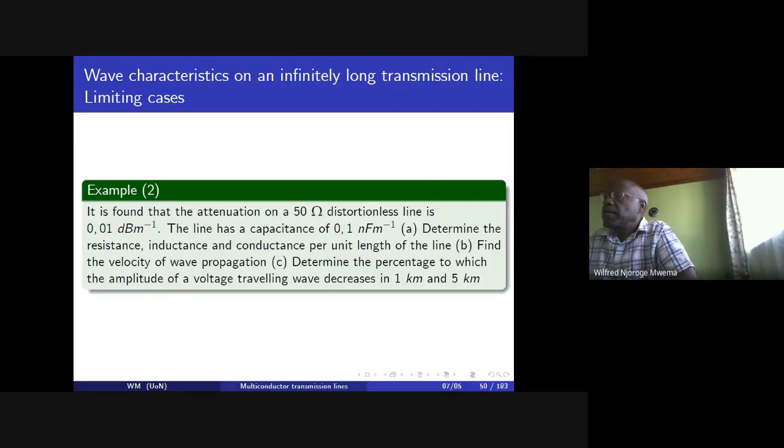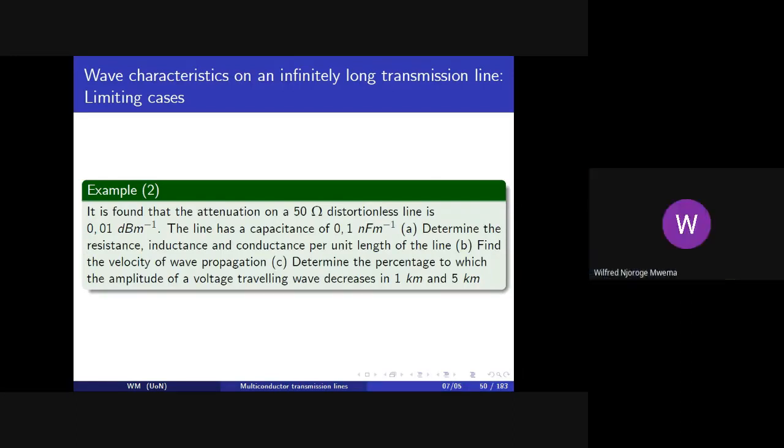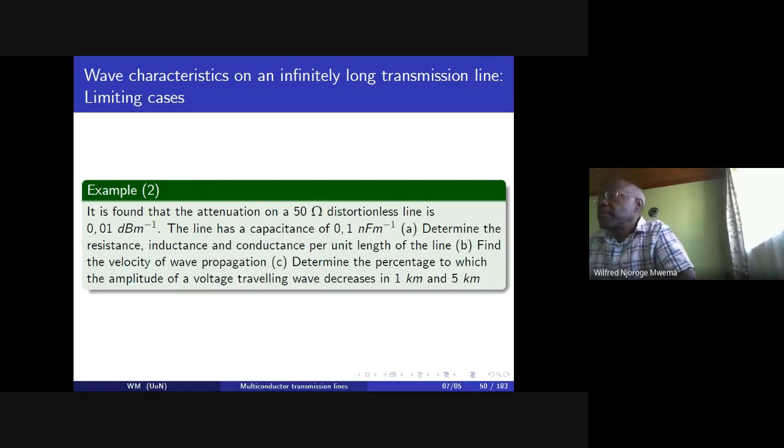We are required to determine the resistance, the inductance, and the conductance per unit length of the line, and we find the velocity of wave propagation. Usually this would refer to the phase velocity rather than the group velocity. And determine the percentage to which the amplitude of the voltage traveling wave decreases in 1 kilometer as well as in 5 kilometers.